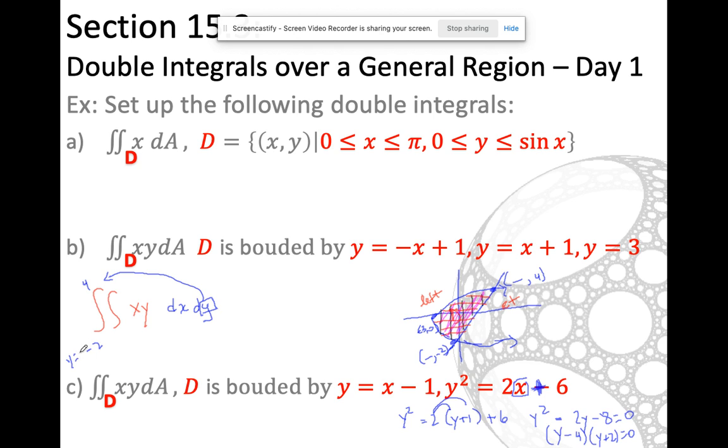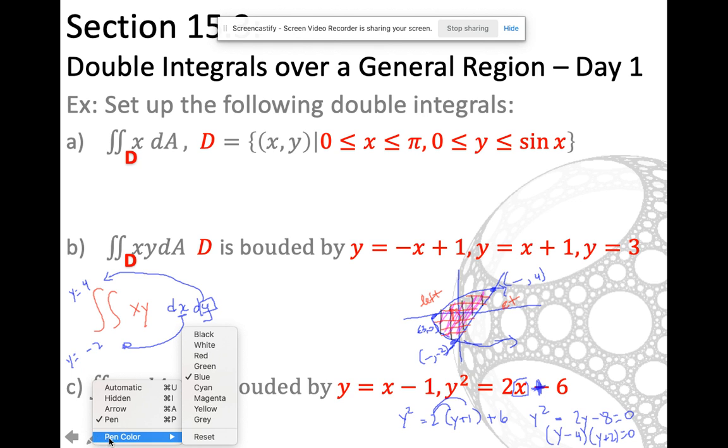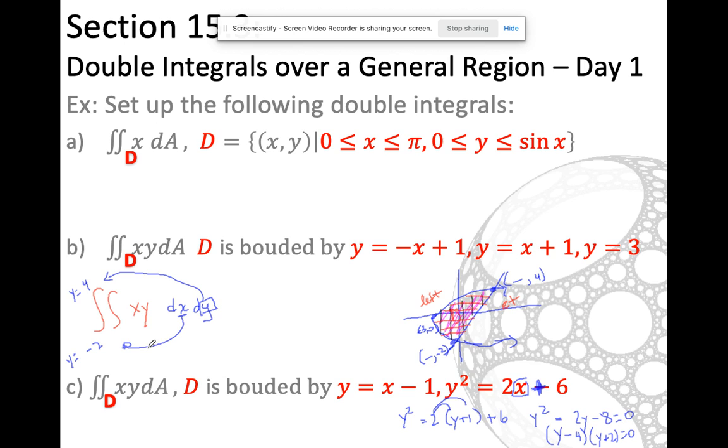And those, remember, are y numbers. So this is dx, so what do I need to go here? I need these functions to be in terms of y. x equals. So who is my right?